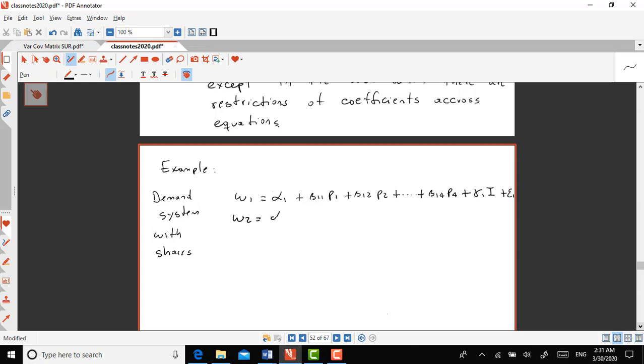We can write the equation for the second good. Again, we're going to have exactly the same explanatory variables. Of course, the coefficients are going to be different. And we can write up to the four equations.